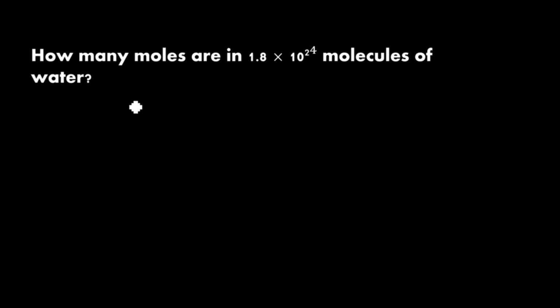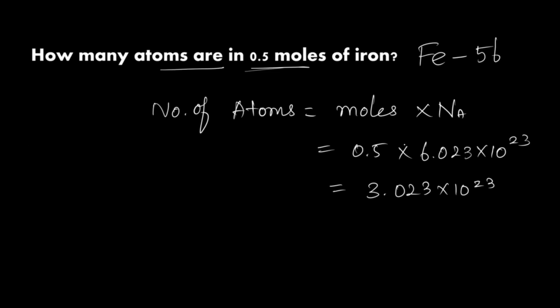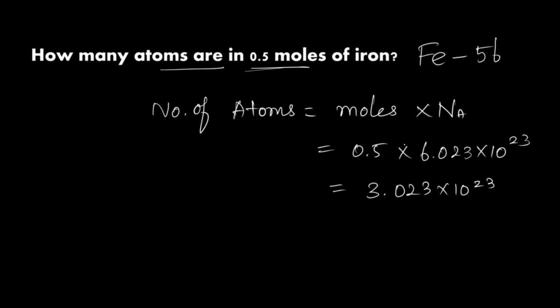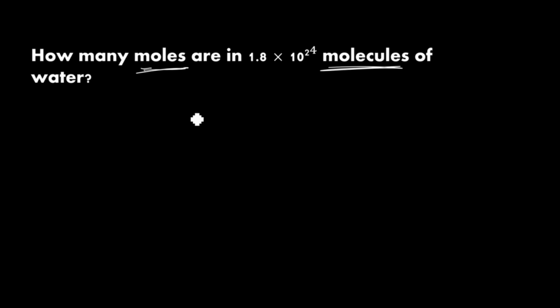As simple as that. Let's do one more problem. How many moles are there in 1.8 into 10 to the power 24 molecules of water? They have given the molecules, asking for moles. Just compare it with the chart. Given the particles, asking for moles, so we have to divide.